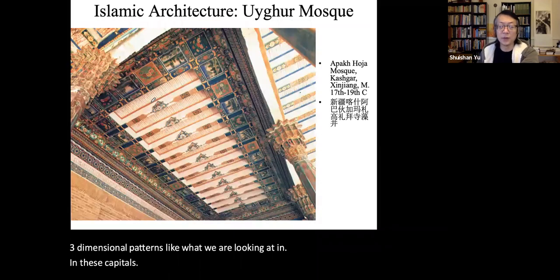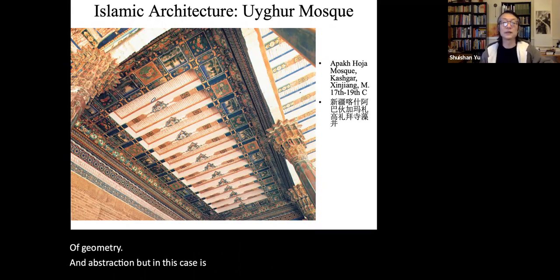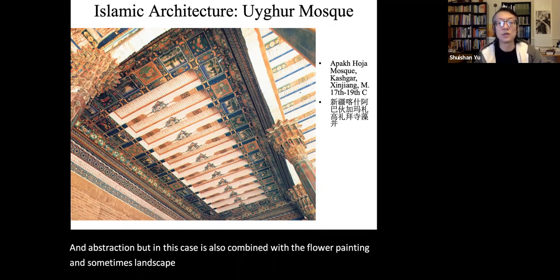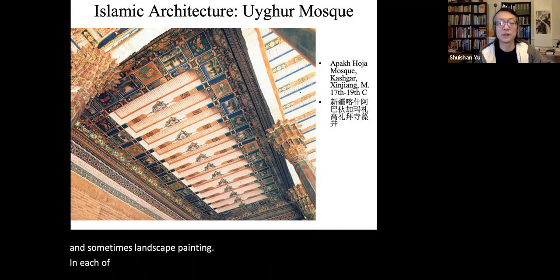The ceiling again combined a sense of geometry and abstraction, but in this case, it's also combined with flower painting and sometimes landscape painting in each of those small frames.